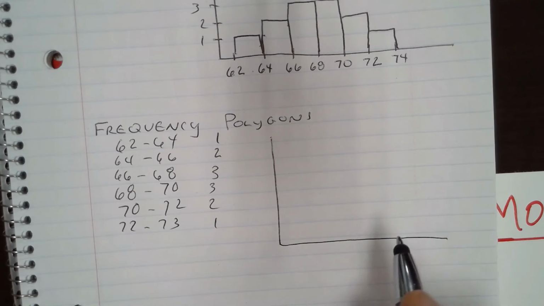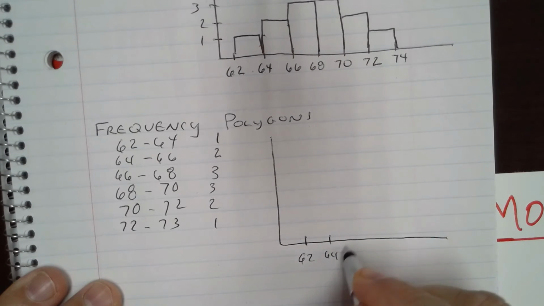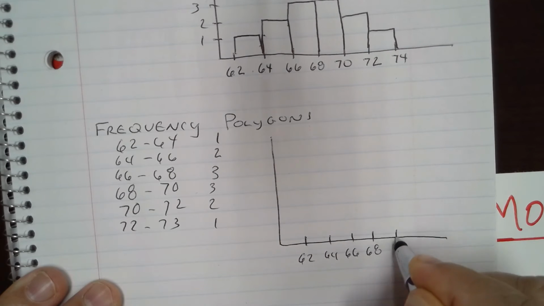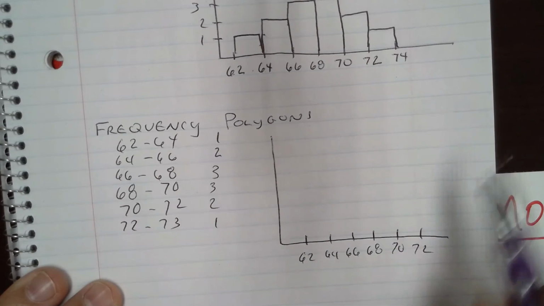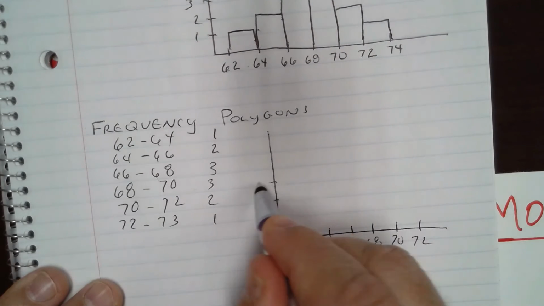Okay? And so I go from 62 to 64 to 66 and so forth. And so I start at 2, 3.